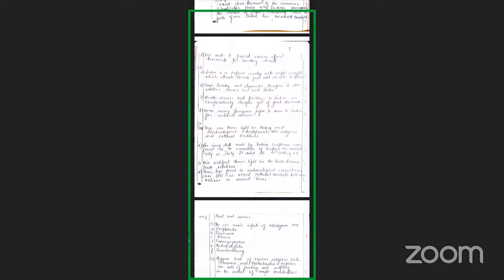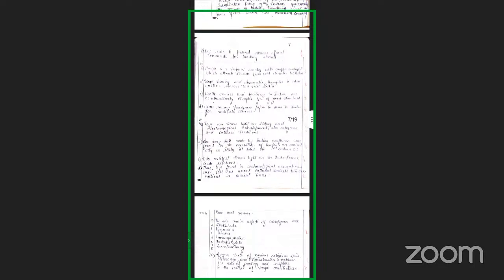Now, this one question, I would like to speak about it. That is, toys can tell us about cultural history. Some of the children write both the paragraphs in that textbook. It's not both the paragraphs, you only take the introductory lines, like I have written here: toys can throw light on history and technological developments, also religious and cultural traditions.